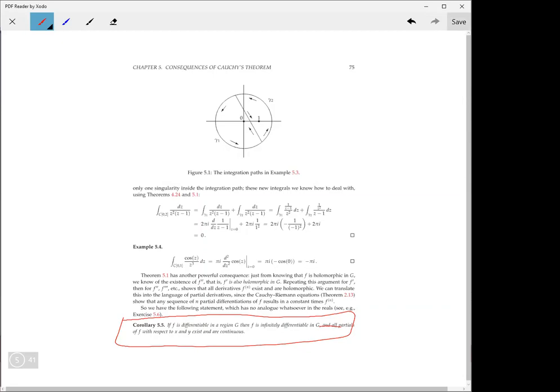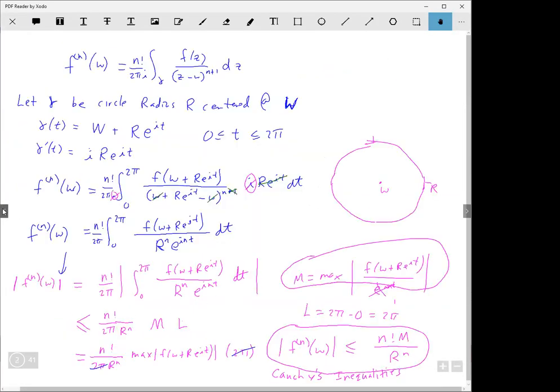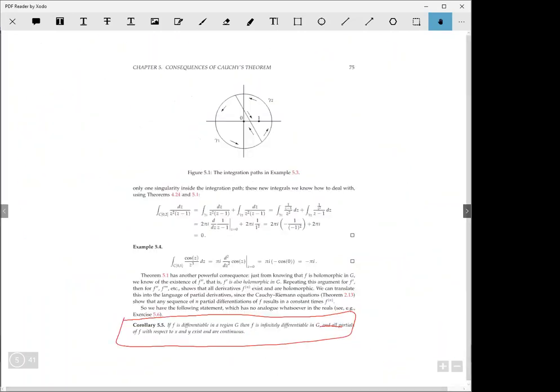This is because we have a formula for the derivative right here. So if this is holomorphic, then this is a formula for all derivatives. It's just that integral there. Okay, so that's basically that part.